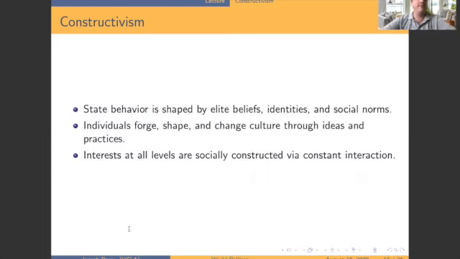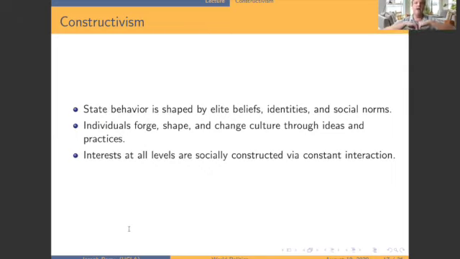According to constructivism, state behavior is shaped by elite beliefs, identities, and social norms. Constructivism explains international politics by focusing on norms and the identities of individuals and states. The identities of the states stem from the behavior and the interpretation of these identities by other actors.